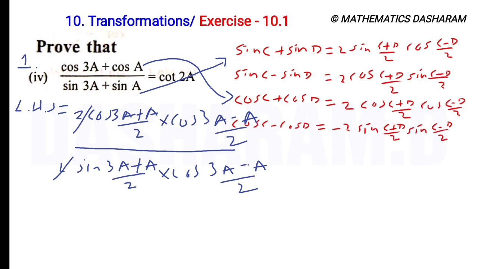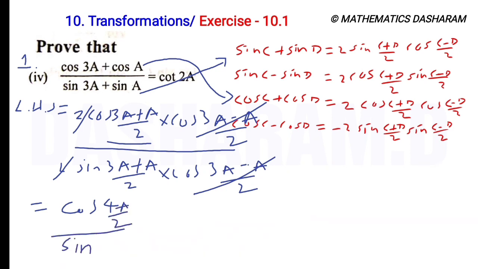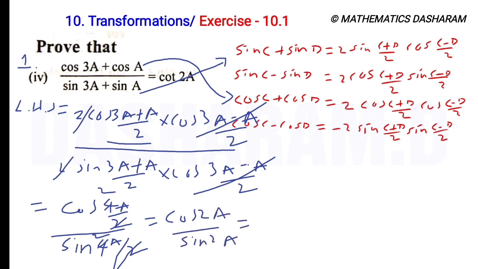So here the 2 cancels and cos((3A - A)/2) cancels. Now it is equals to cos(4A/2) by sin(4A/2). Here 2 ones are 2 twos, here also. So cos 2A by sin 2A, which is cot 2A. So it is equals to RHS.